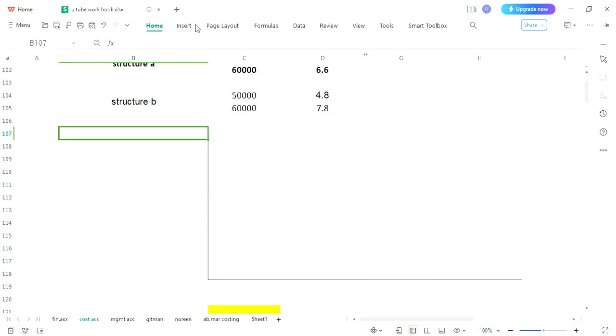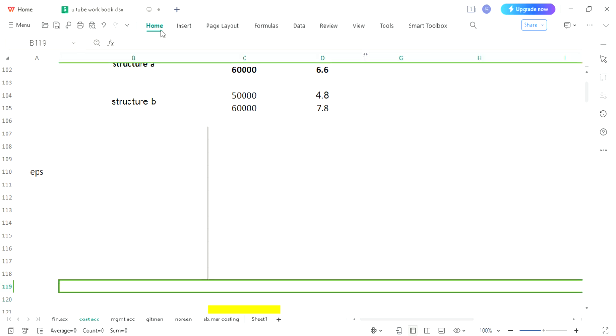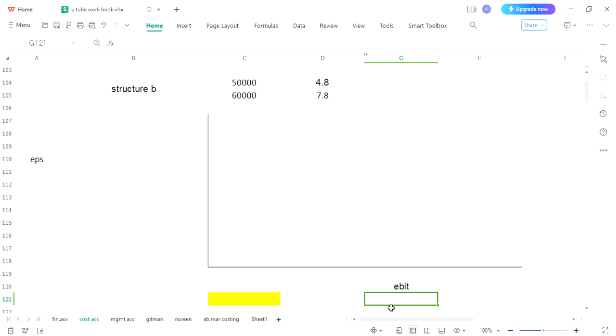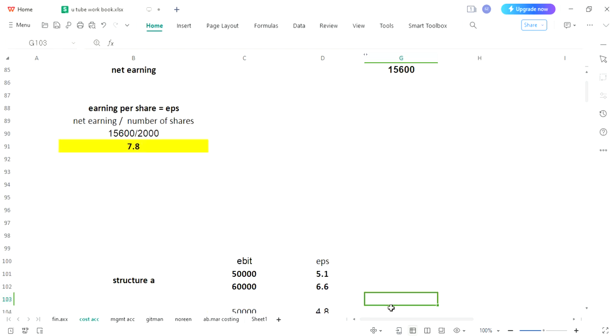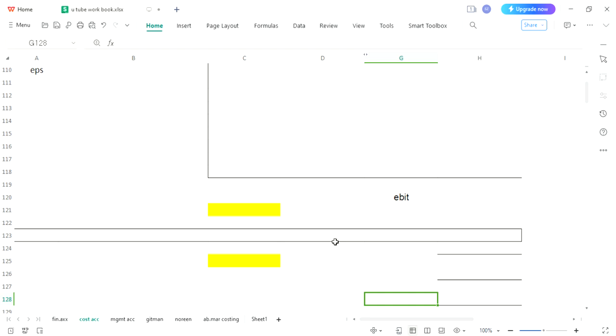Come over here. At this you can put your EPS at y-axis, and here you can put at x-axis your EBITs. Let's put EBIT over here, and inputs are present over here 50,000 and 60,000, while EPS is 5.1, 4.8, maximum 7.8 and minimum 4.8.